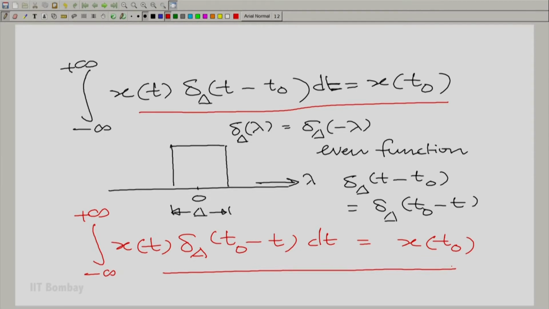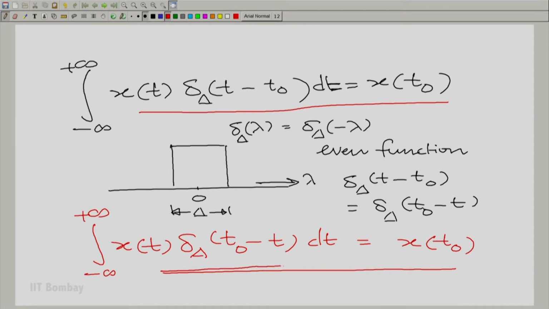The first equation says that when I multiply x(t) with Delta(t minus t0), so when I multiply a continuous function with a narrow pulse and integrate it, keeping that pulse of unit area, I essentially pick up the value of the function x(t) at the point at which the pulse is located. Look at the second equation. The second equation says something totally different.